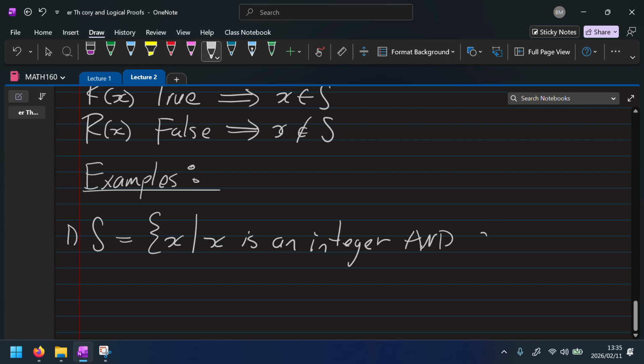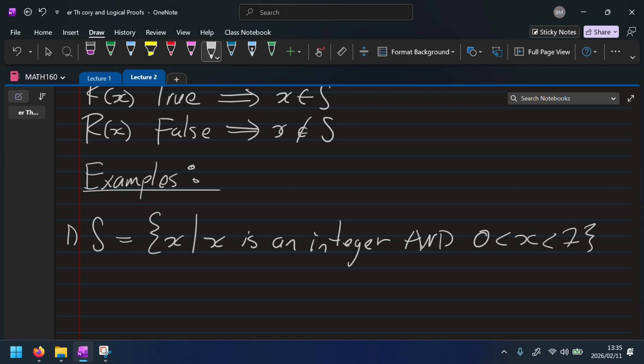Now I'm going to make it a little bit more complicated, and I'm going to say and 0 is less than X less than 7. Let's look at that second part. If I give you an X, okay, let's say it's an integer from the first part, can you answer yes or no as to whether it's between 0 and 7? Yes. Let's say minus 1. What's the answer? Yes or no?